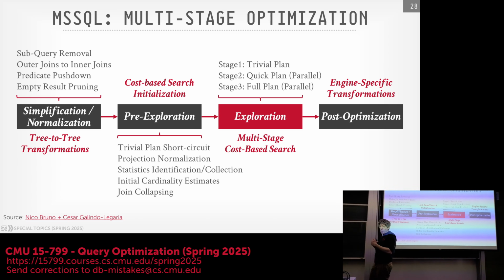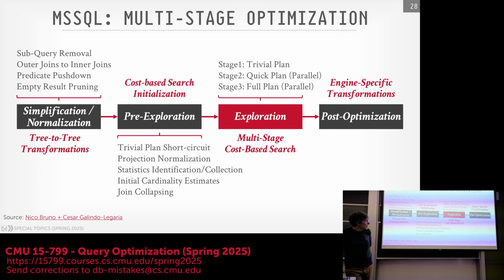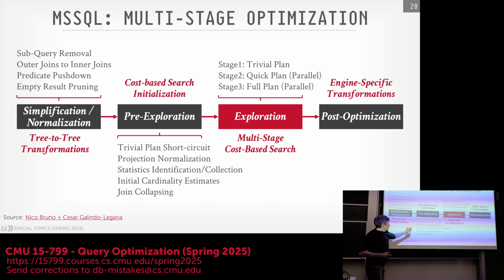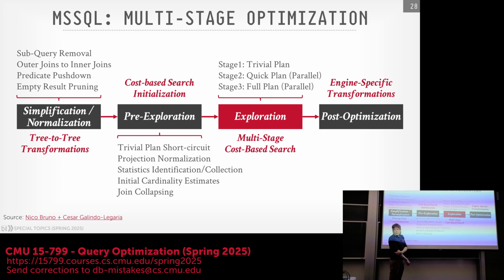Yes. So you said that the exploration stage is cost-based. Yes. So these are going to be all like, if I don't have the thing I want, tell somebody, or join collapsing, that you can do logically. Yeah, but shouldn't it be promise-based, even the pre?